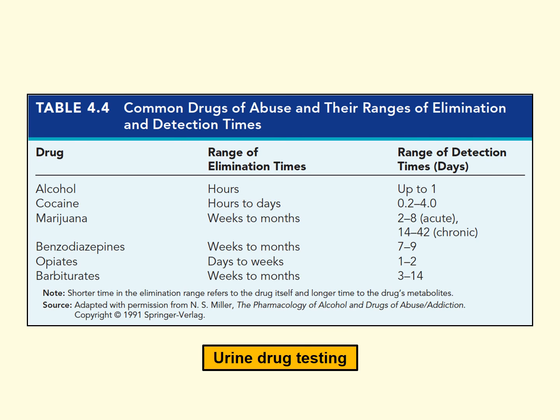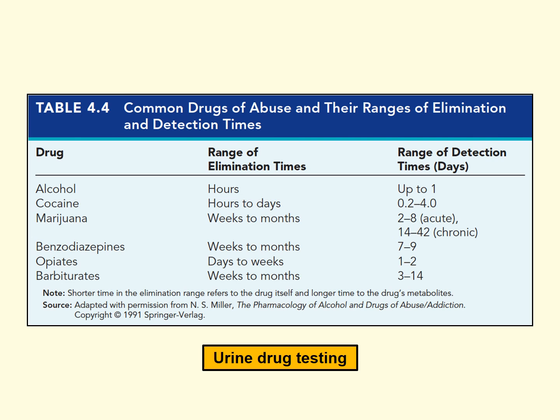Marijuana is kind of an interesting one because we can detect the actual substances, the active chemicals in marijuana, in your body for quite a period of time, and we can also detect metabolites of them for quite a long time afterwards. And that's in part because marijuana is a fairly lipid-soluble drug.